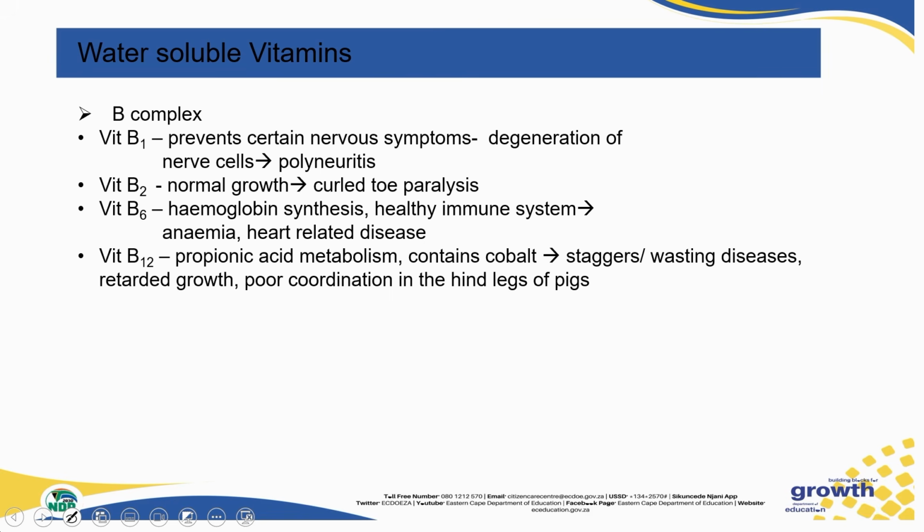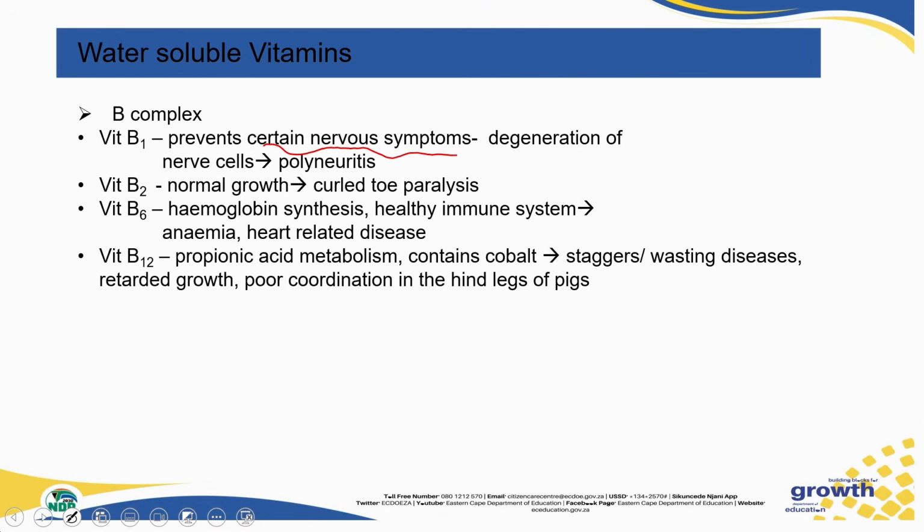Doesn't matter even if you don't know those, but if you know B1, B2, B6, and B12, they are important. B1 prevents certain nervous symptoms. And if an animal has nervous symptoms, it will have a disease called polyneuritis. It has to do with the neurons.